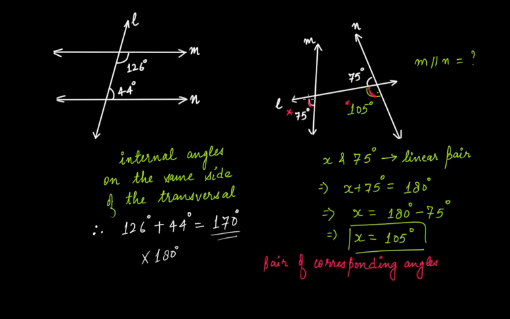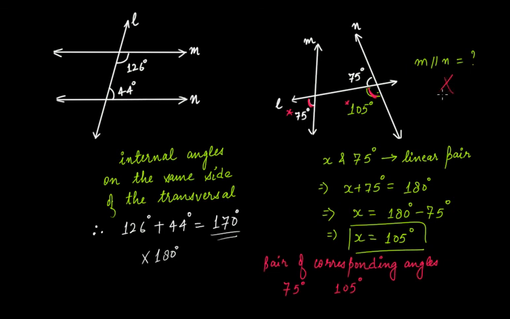Again, this angle and this angle are a pair of corresponding angles, but in this case one is 75 degrees and another is 105 degrees. It means that these two angles are not equal. Therefore, lines M and N are not parallel.